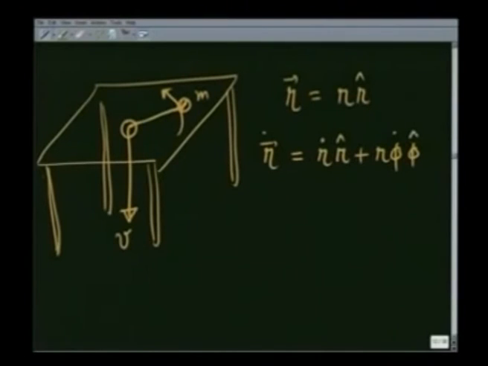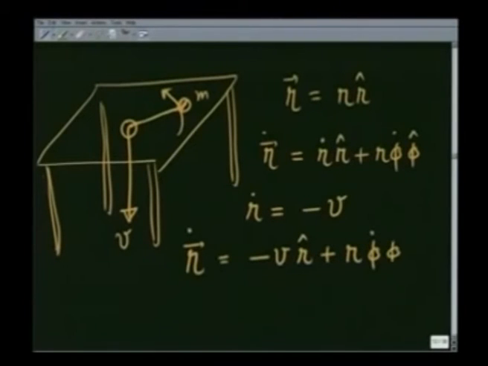So, the position of the particle at any time is given as r equal to r times unit vector r, and the velocity is r dot equal to r dot r plus r phi dot phi. r dot is given to be constant and r is decreasing, so it is some minus v, and therefore the velocity is equal to minus v r plus r phi dot phi.